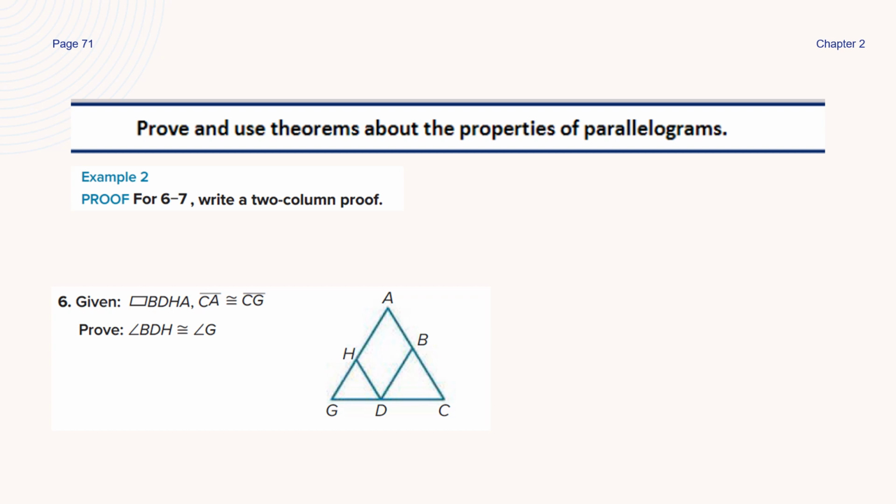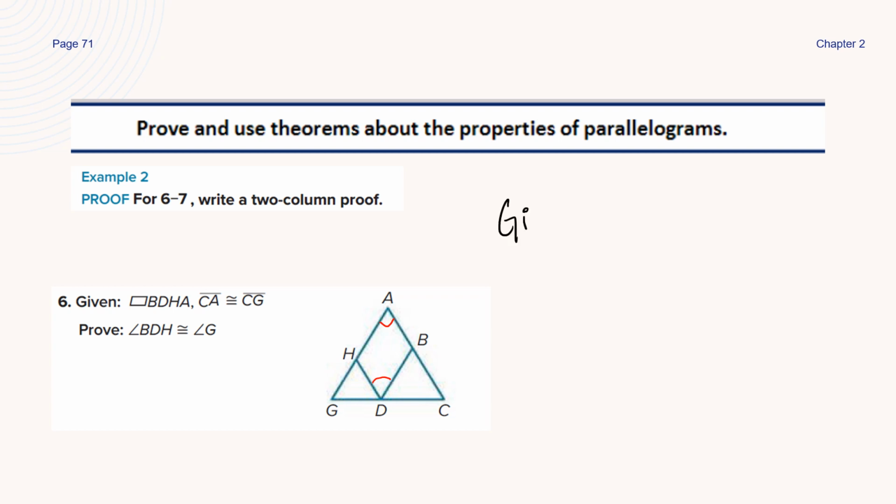So here you are given a parallelogram BDHA. If it is a parallelogram, you know the opposite angles are equal. So this angle is equal to this angle. Okay, that's one important point. Now, you are also given that CA is equal to CG. Let me write.